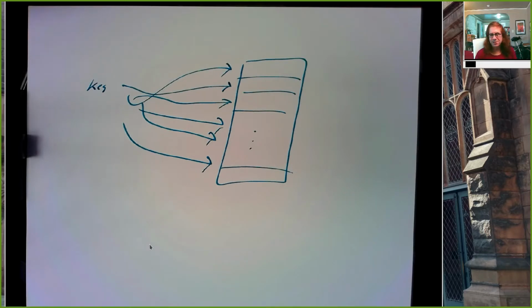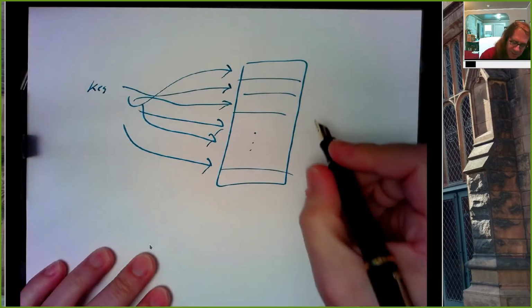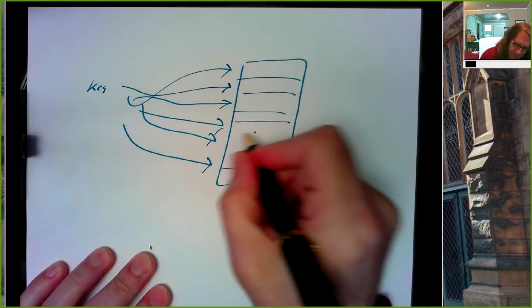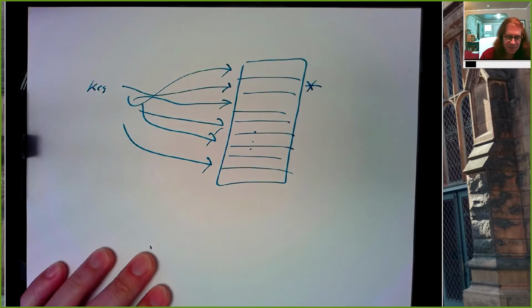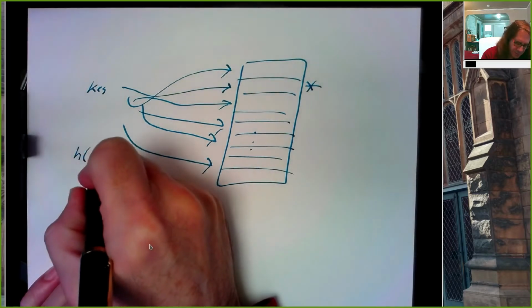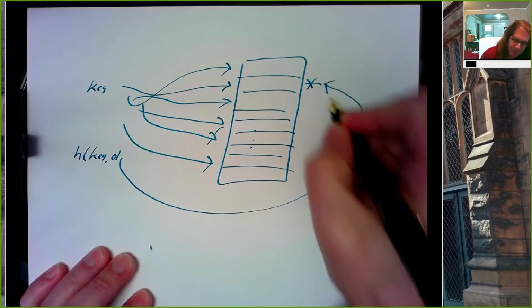So the hash function just ingests that but doesn't modify it. So let's say this is the location that our first attempt at a hash, hashing our key with a probe of 0, brings us right here.